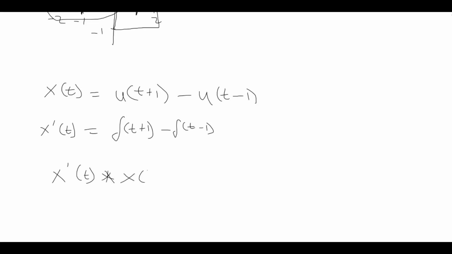Now, because we have the convolution of x of t with x prime, we are going to take the Laplace transform, and so we're going to have x of s multiplied by x prime of s. My mistake, x of s and x prime of s.